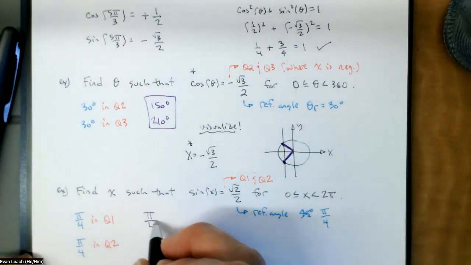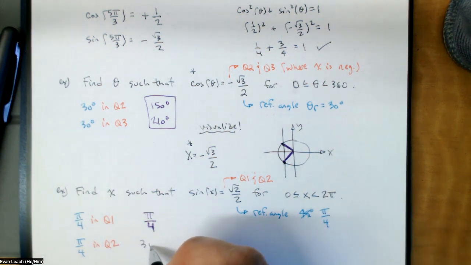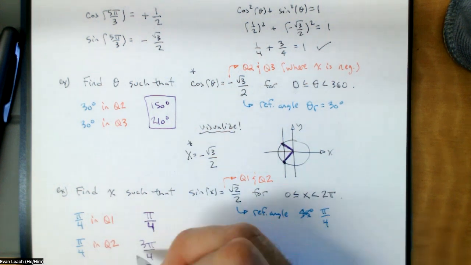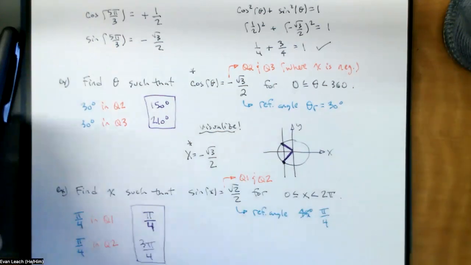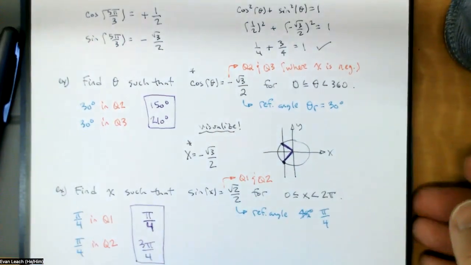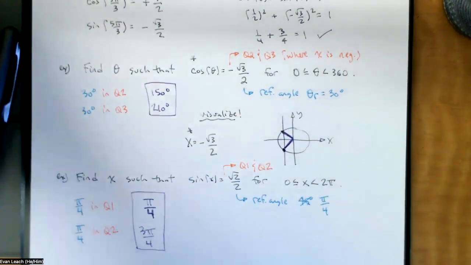Quadrant 1's our favorite. The angles are their own reference angle, so pi over 4. But what's pi over 4 in quadrant 2? 3 pi over 4. So pi over 4 and 3 pi over 4. 45 degrees in quadrant 1 and quadrant 2. So we might be thinking in degrees.